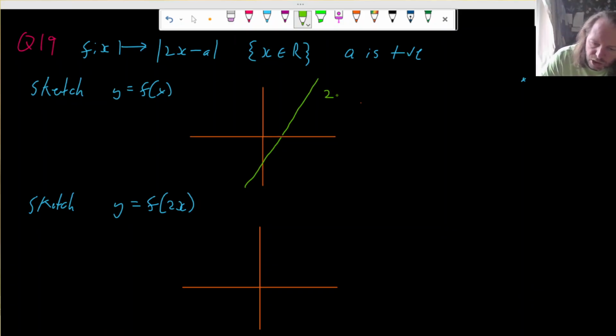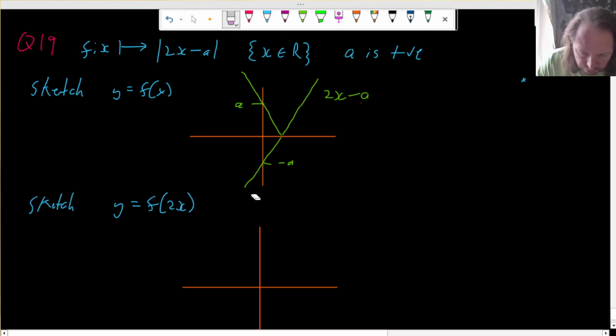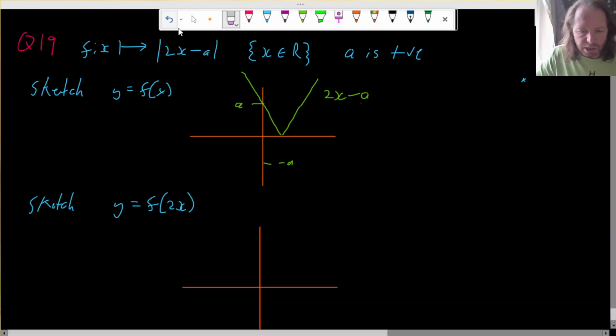That is 2x minus a, but to make it the modulus of it, it needs to bounce up in this direction here, and give you a point on the axis here of a. You don't need the bottom half of the graph, so we don't need that bit there. So there it is.